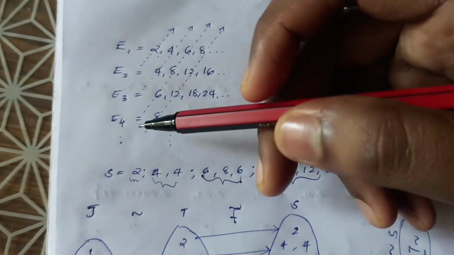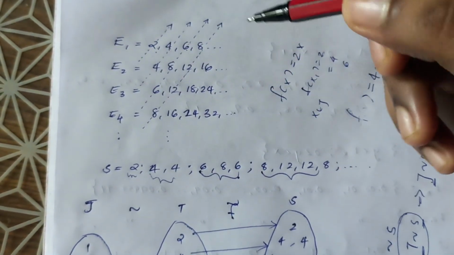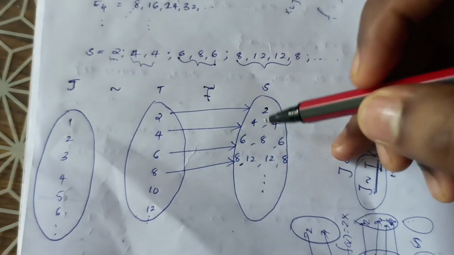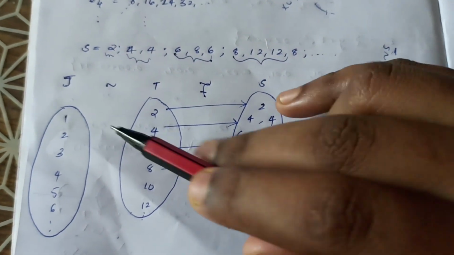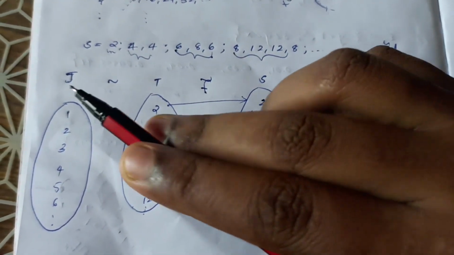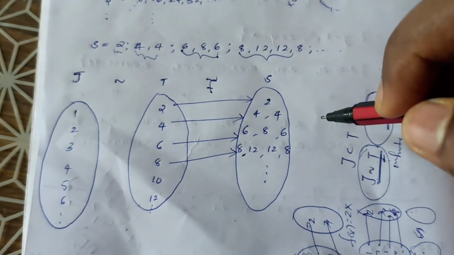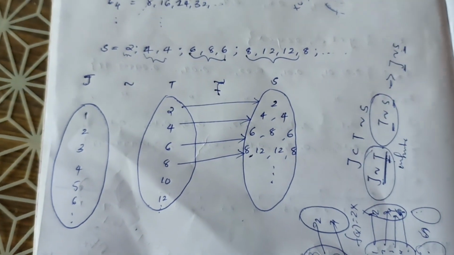We know that our S is made with the elements of En, which are all countable, so they are all infinite. So our S is infinite, means T is equivalent to S. T is also infinite, means our J and T are equivalent, means J and S are equivalent. If J and S are equivalent, we can find a 1-1 correspondence between them, then our S is also countable.